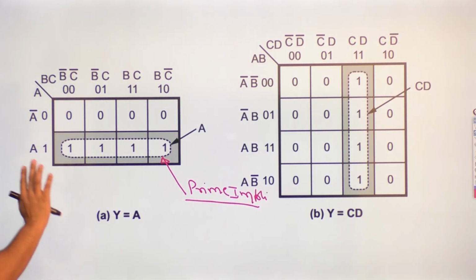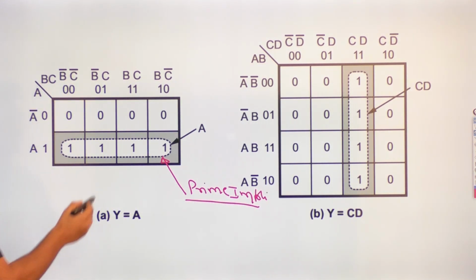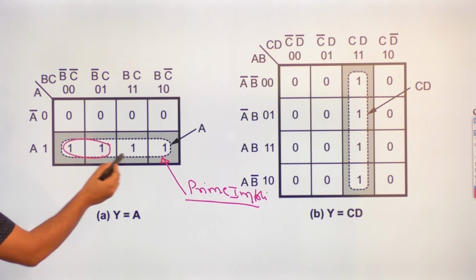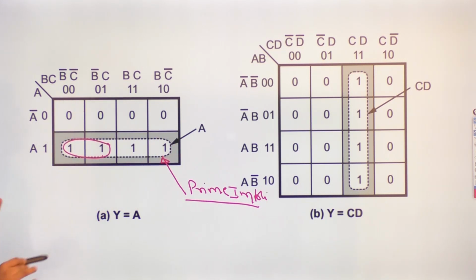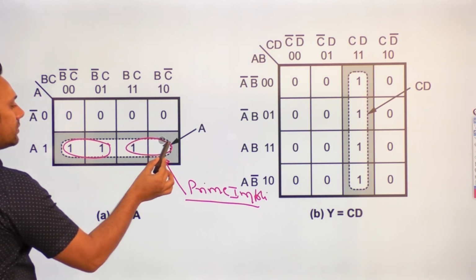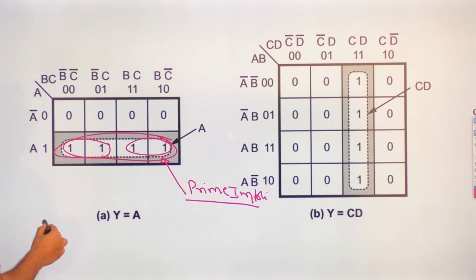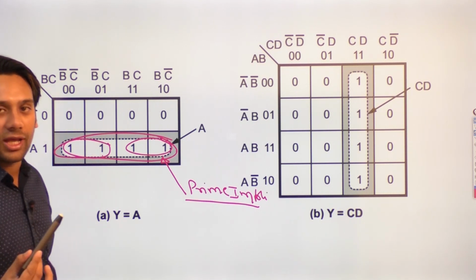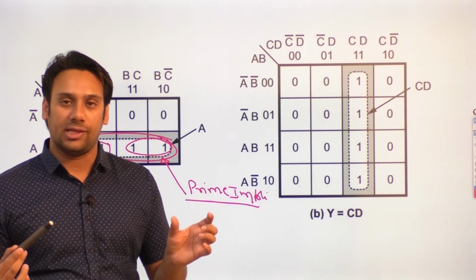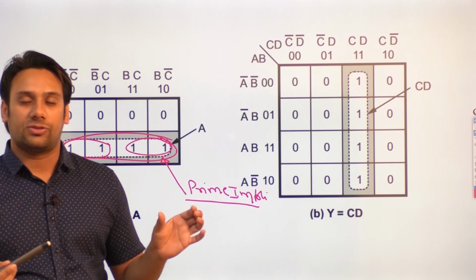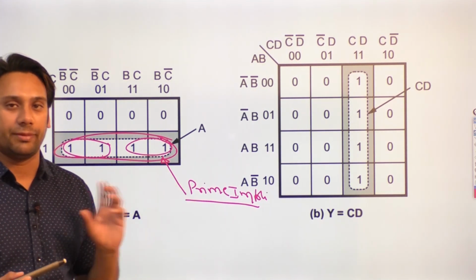We do not have more than one prime implicant, because even if you take this subcube, it is a part of this bigger subcube, correct? So this cannot be a prime implicant. This subcube is also a part of this bigger subcube. So the biggest subcube that you can make is going to represent a prime implicant.